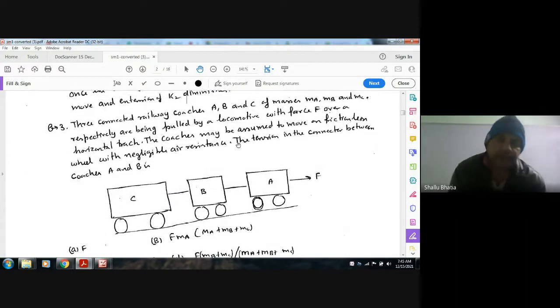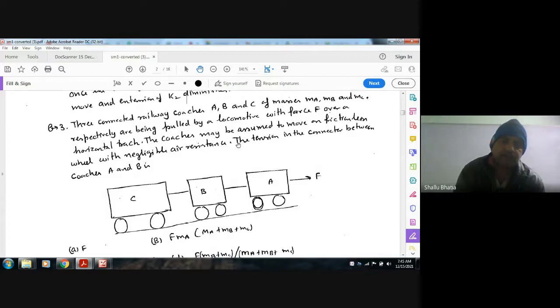Three connected railway coaches A, B, and C of masses MA, MB, and MC, respectively, are being pulled by a locomotive with force F over a horizontal track. The coaches may be assumed to move on frictionless track with negligible air resistance.